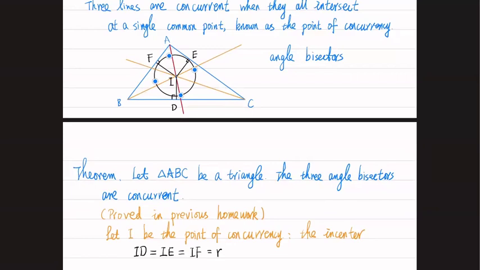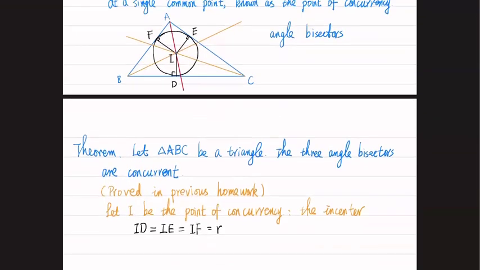I will correct this picture later. We call this the in-center. That means if we draw the circle of radius R, it goes through the three tangent points.